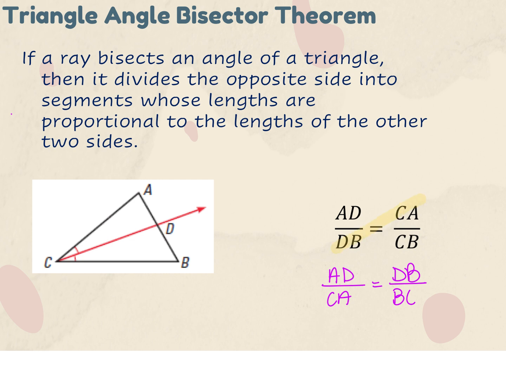So let me highlight it. These two are cross multiplying together. And then these two are cross multiplying together. It's the same values regardless of how it's written. Okay, so either you could do the corresponding sides, which we're kind of used to, or you can do sides and sides together.